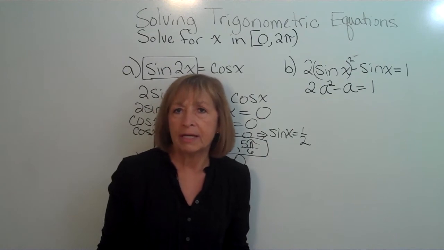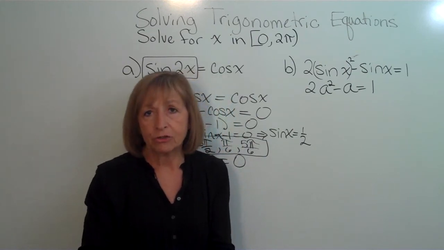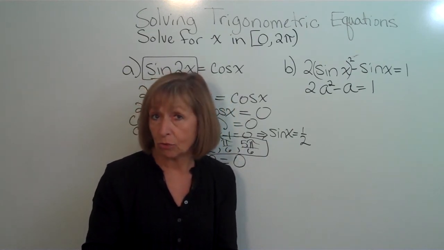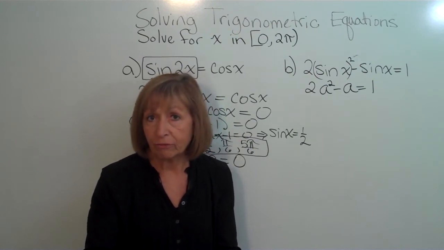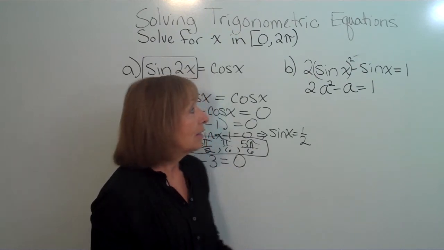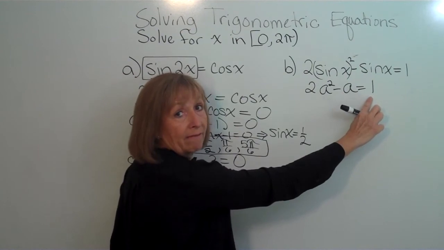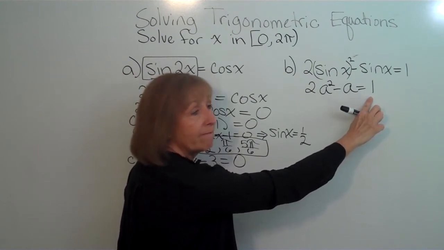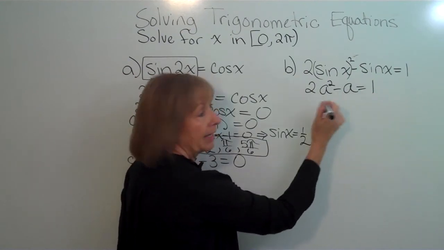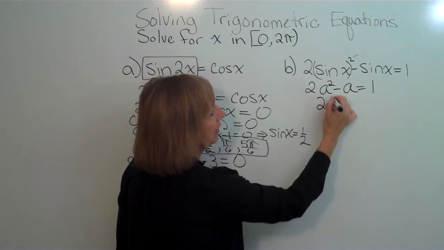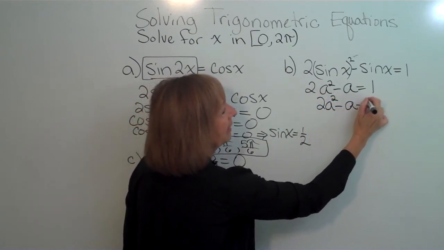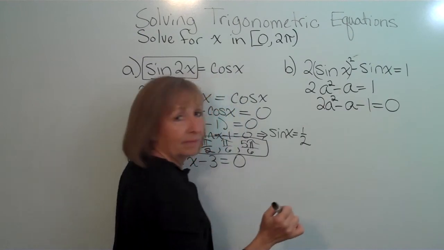Quadratic equations I could solve by factoring if it's factorable, completing the square, or the quadratic formula. So I'm going to solve this by factoring. To solve it by factoring, I need to get a 0 on the right-hand side. So I have 2a squared minus a minus 1 is equal to 0.